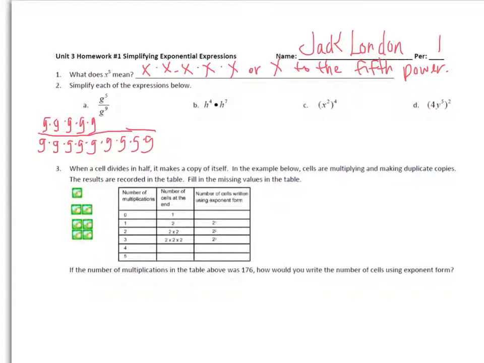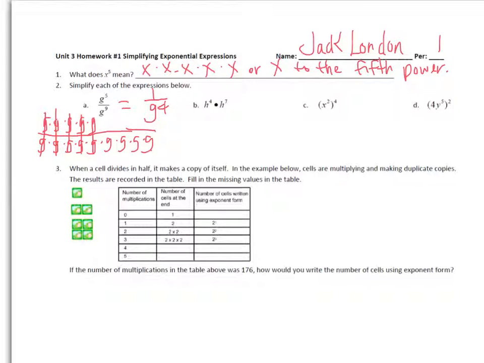I write them out so you can see that g cancels out g here, and here, and here, and here, and here. And what we have left is 1, 2, 3, 4 g's, so it's 1, since there's no g's left on top, over g to the fourth power.